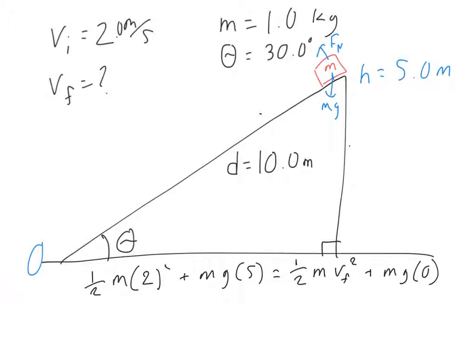So we see things are going to simplify a bit. This, of course, is just 0. We also see that all the mass terms are going to nicely cancel out in this case. So this is going to tell us that no matter what the mass of the body is, we're going to get the same result. That's kind of cool. So we can just do a little bit of arithmetic, a little bit of algebra, and solve for v final.